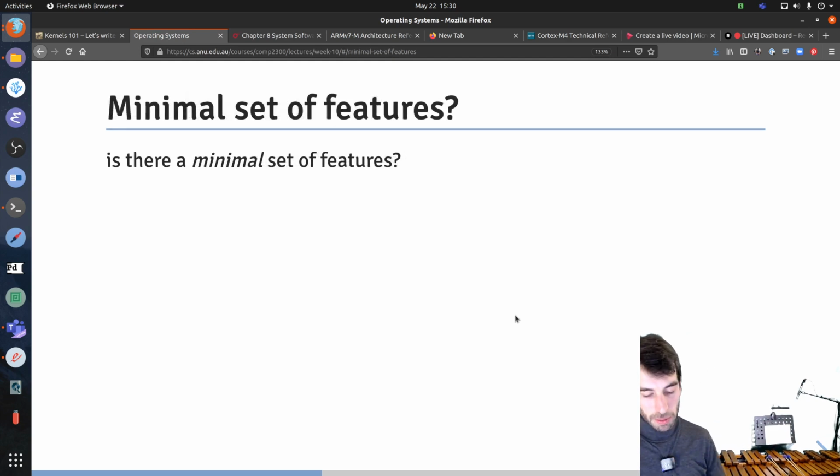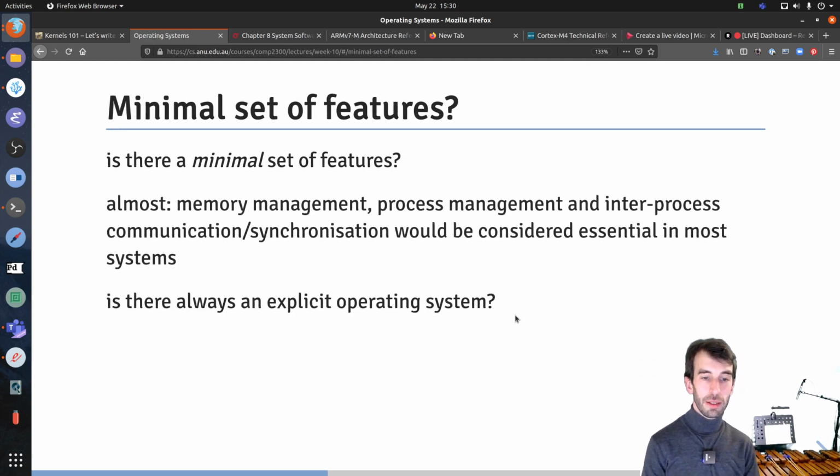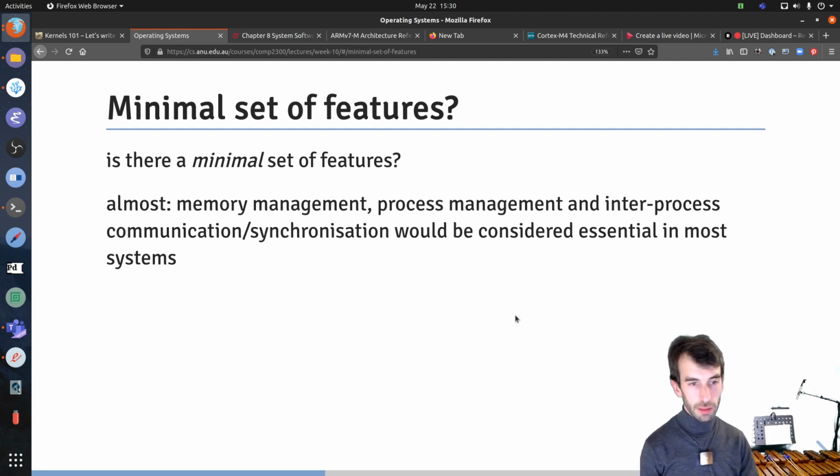But what are these minimum features? So we could almost say that there's a minimum set of features to be an operating system. I think when we were talking about the two roles of the operating system, as in being a virtual machine and giving access to hardware, the virtual machine part means that your operating system allows or presents memory to processors for them to use, that they're allowed to use for themselves.